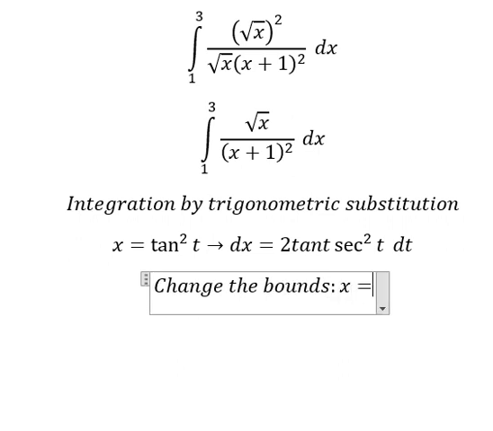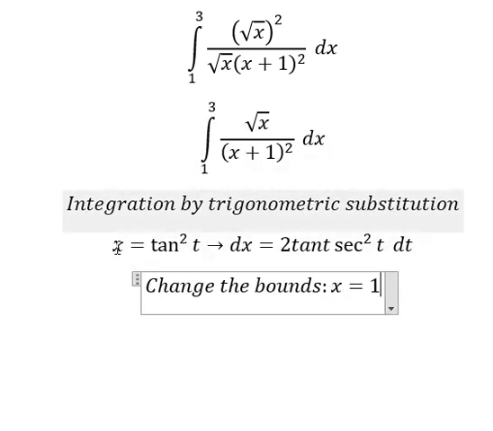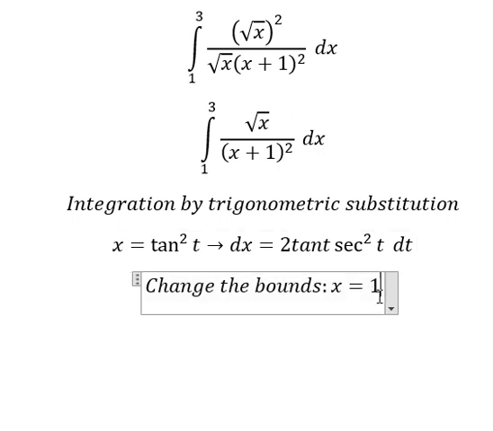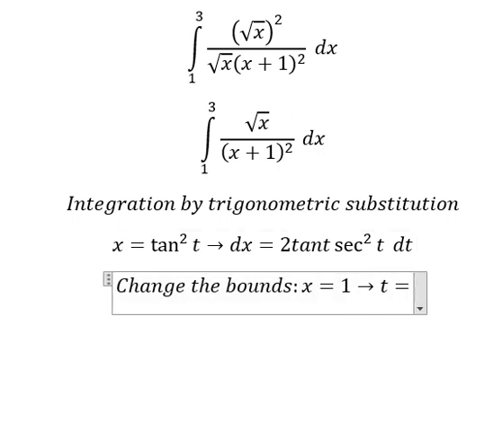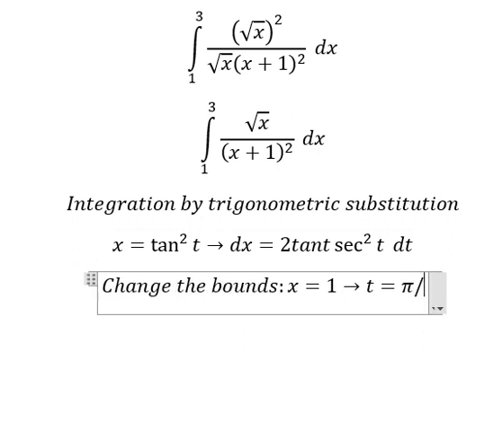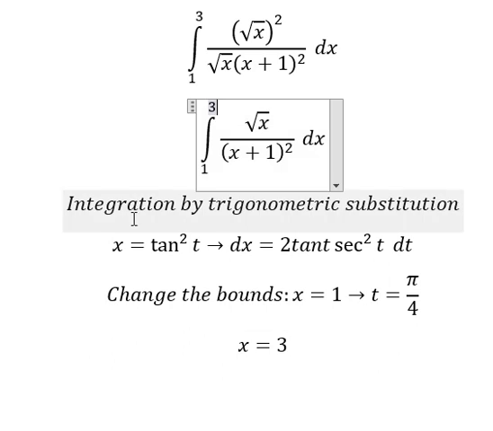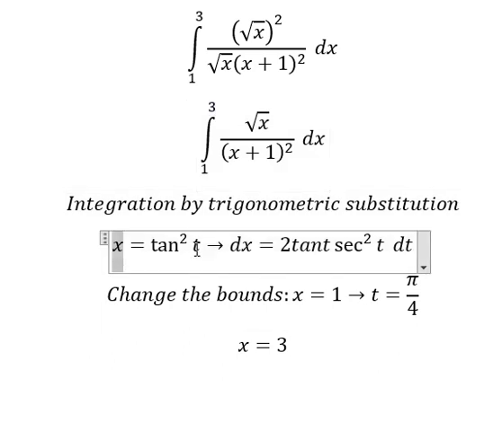When x equals to number 1, so we put number 1 gone here to find the value of t. So t equals to pi over 4. When x equals to number 3, so I will put number 3 gone here to find the value of t.